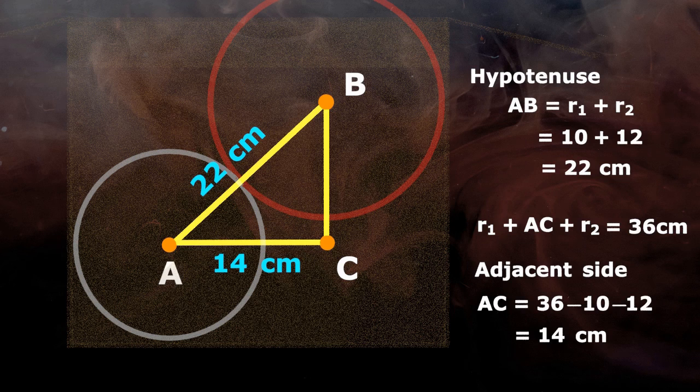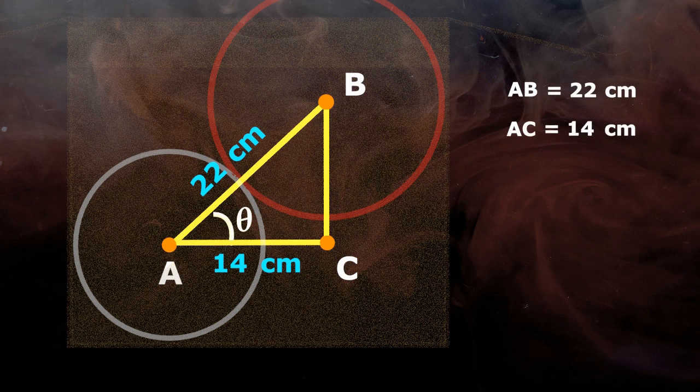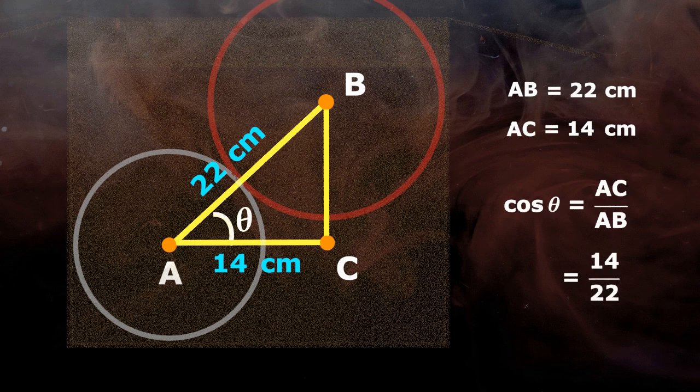The vertical dimension is not given in the problem statement, so it would be tedious to find side BC. But we have the hypotenuse and adjacent side available, so use the equation of cos theta to find angle theta. Cos theta is equal to adjacent side divided by hypotenuse, that is 14 divided by 22, and so theta is equal to 50.48 degree.